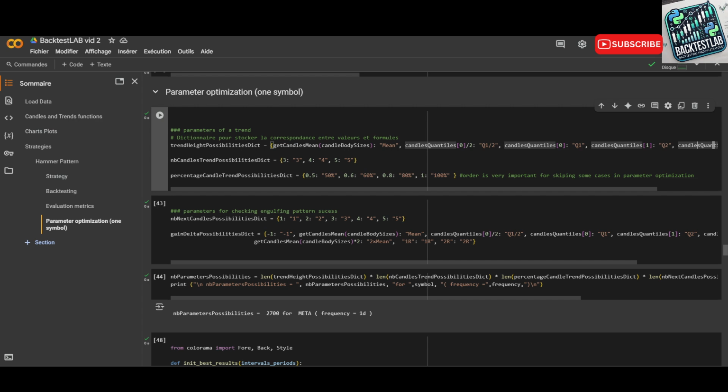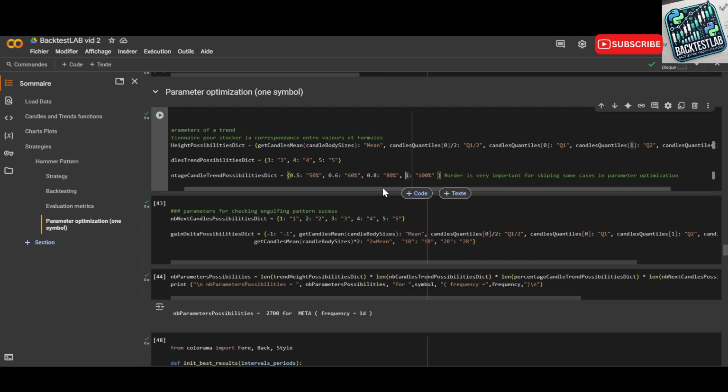For the number of candles for detecting the trend, we can use, for example, 3, 4, 5. I stopped at 5 because we are using daily candles, so I am considering only a trend of 1 week, which is maximum, let's say, 5 days for most stocks. And for the percentage of the candles, let's say the minimum has to be 50%, and after that we can test 60%, 80%, and 100%.